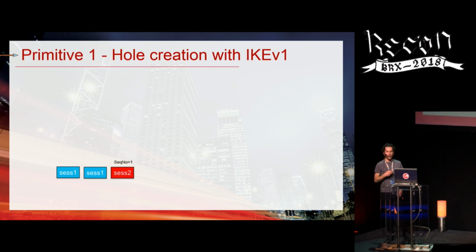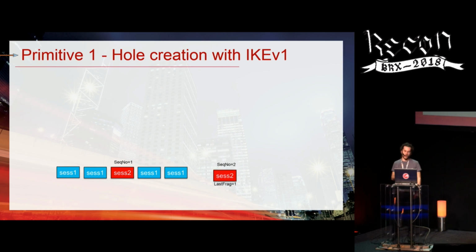And now I'm using a different session to send a fragment that's going to be allocated after the previous one. Then I use the same session as before to have another fragment after my red one. Now I send a second fragment from session 2, which has the last frag bit set.